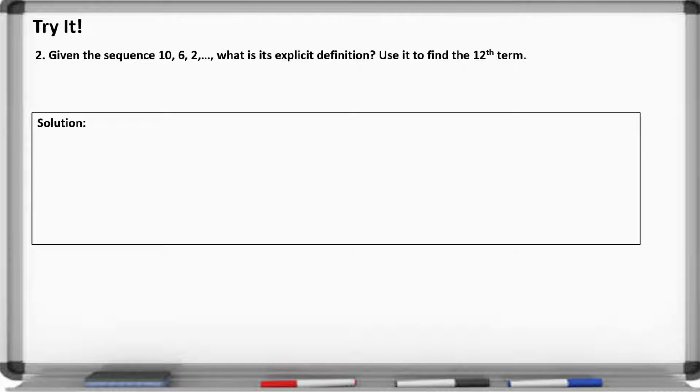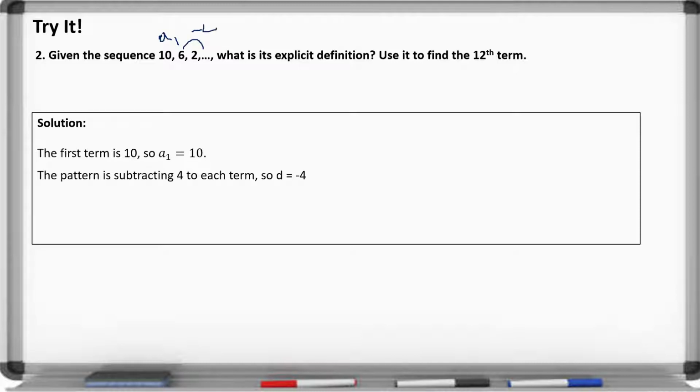All right, so the first term is 10, and that's going to be A1. Then notice that the pattern is we're subtracting 4 to get to the next number. So therefore D, the common difference, is negative 4.